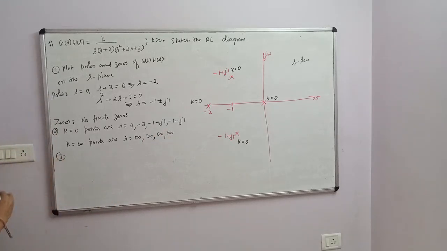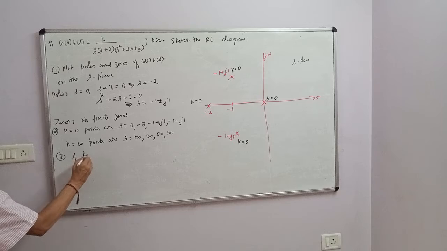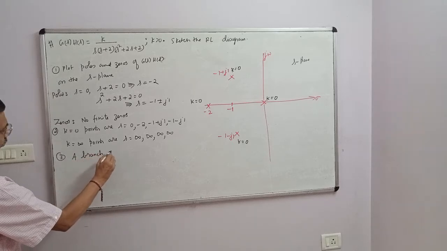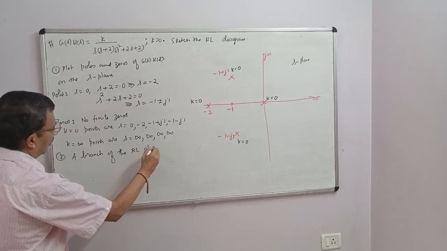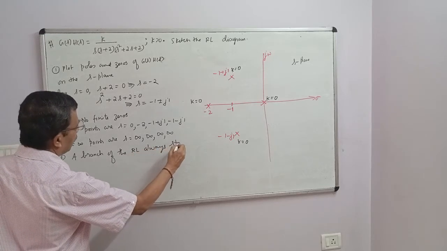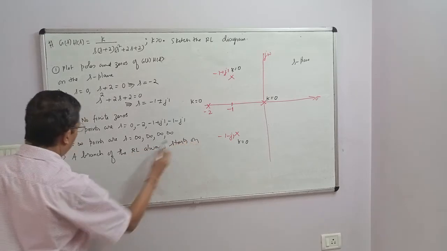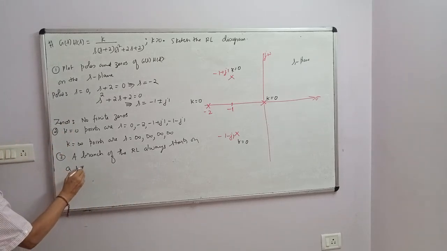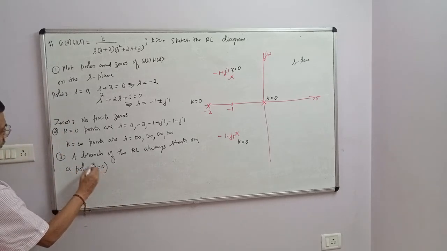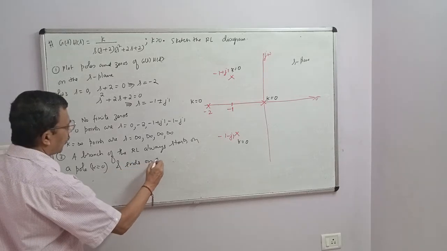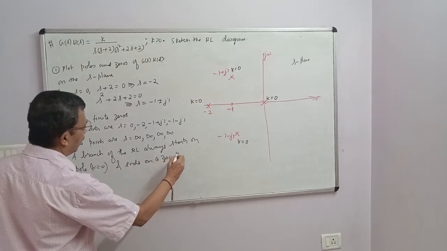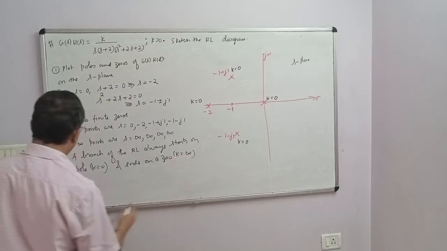Third one, a branch of the root locus always starts on a pole. Pole means k is equal to 0 and ends on a 0. 0 means k is equal to infinity.